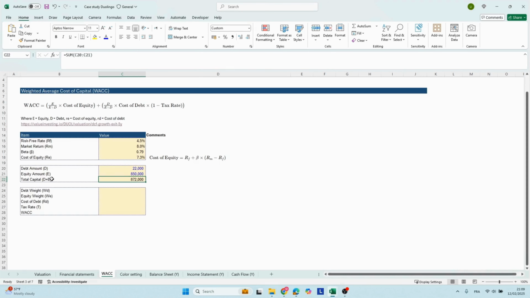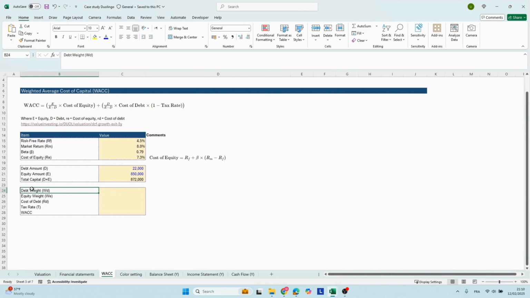So we need these three items to calculate our weighted cost of capital, because here we need E plus D. And for the second part, the formula related to the debt, we get the total debt. We have some information that may not be necessary here, but it's helpful.